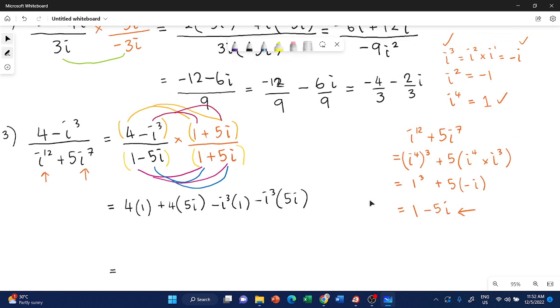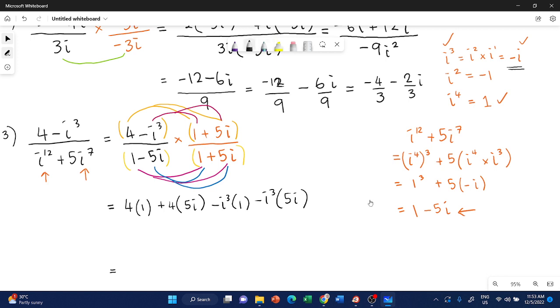We know i power 3 can be simplified to negative i. Here we get negative i3 times 1, which means we have negative i3. So negative i3 we can simplify to positive i.